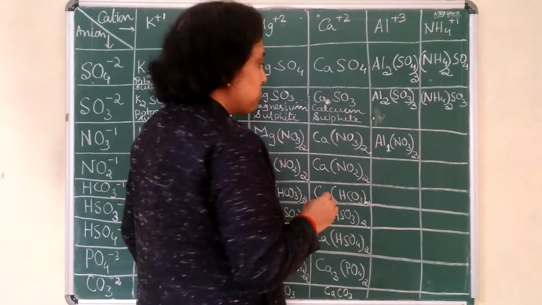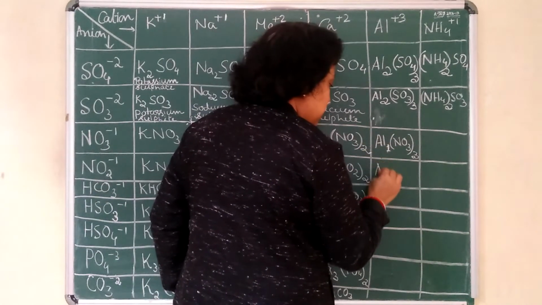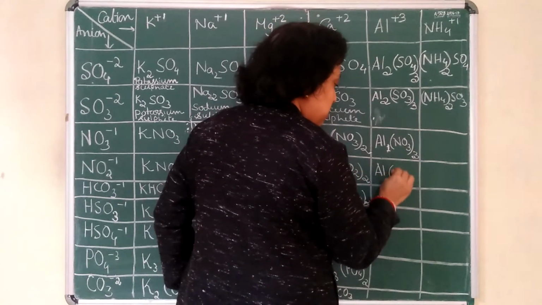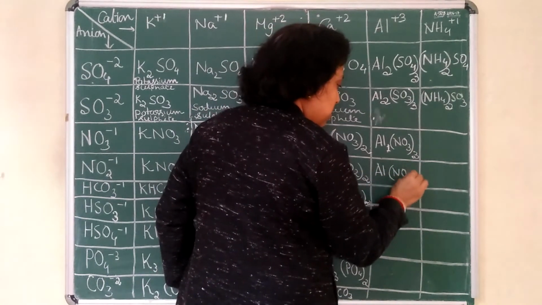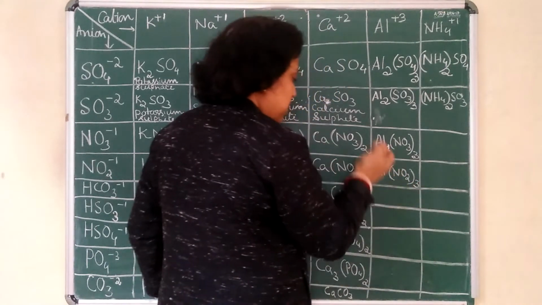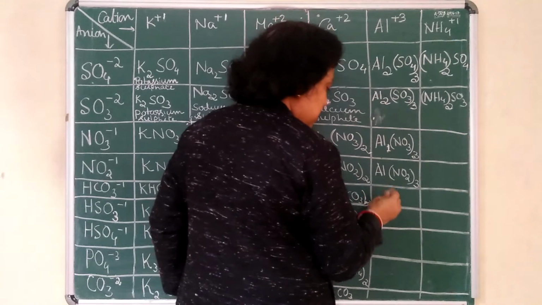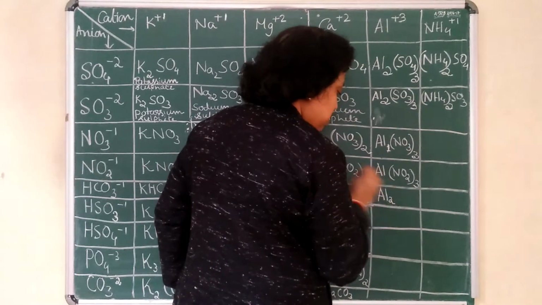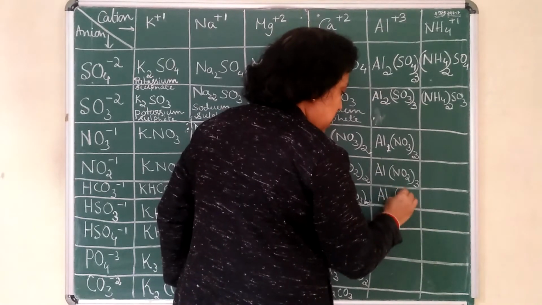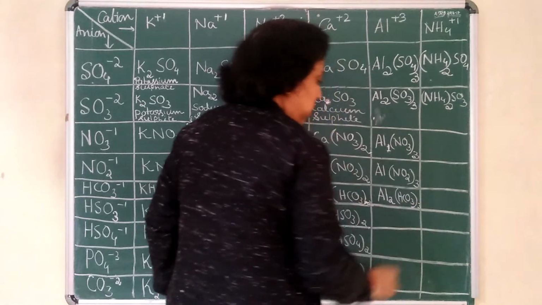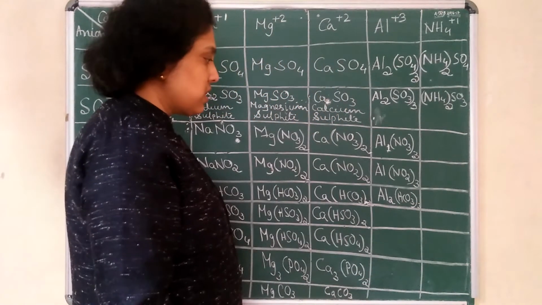Okay. Then aluminium nitrite, NO2. So aluminium (NO2)3. Then aluminium is 3, bicarbonate is 1. So aluminium, you write bicarbonate valency, and HCO3 whole 3, because aluminium valency is 3.